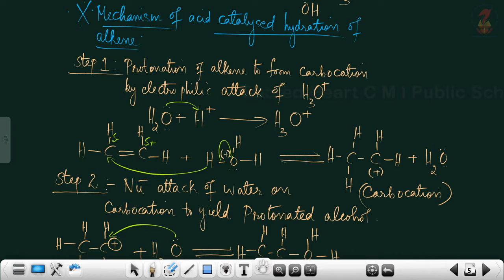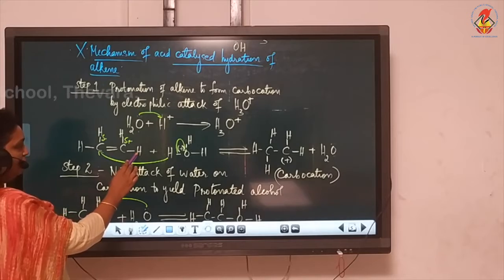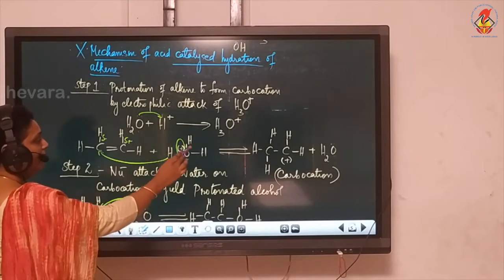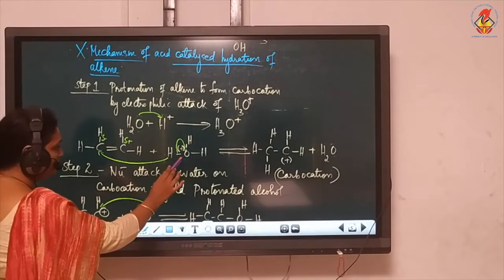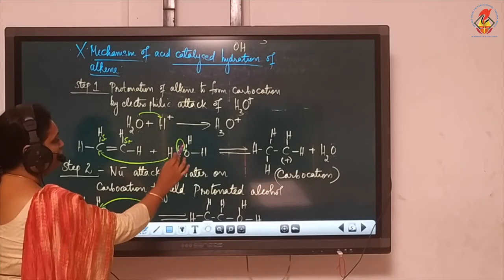H2O plus H plus, we get H3O plus. Now H3O plus acts as an electrophile and it attacks the alkene to form a carbocation. Look at this step, CH2 double bond CH2 plus H3O plus. Now in this step, the single bond here gets shifted to oxygen.